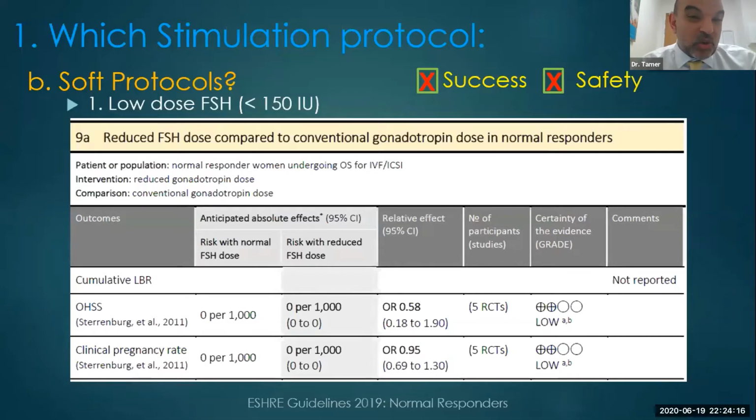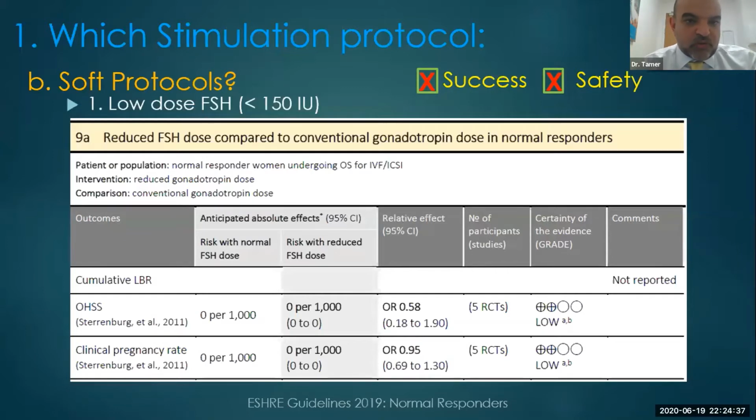Well, actually, in normal responders, no, you're not doing this patient any benefit. It's not safer. The incidence of ovarian hyperstimulation is the same, and this is a meta-analysis of 5 randomized controlled trials, and the clinical pregnancy rate is the same. So there's no point in going too low.